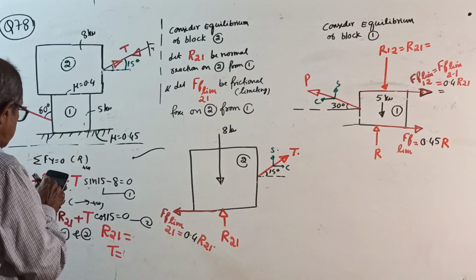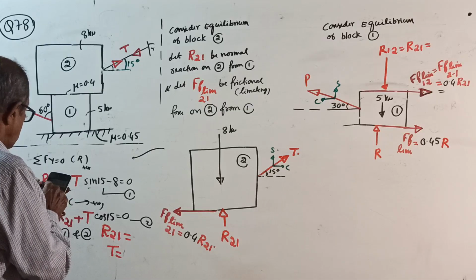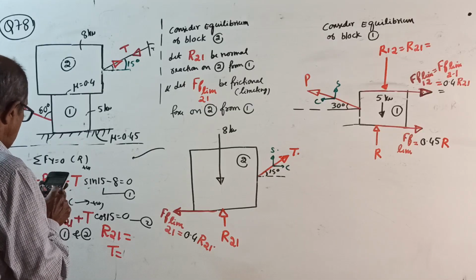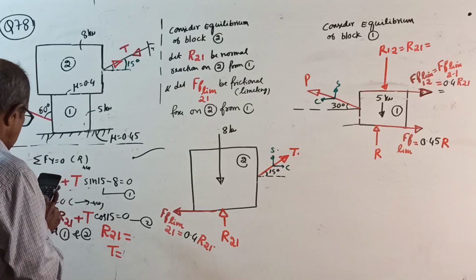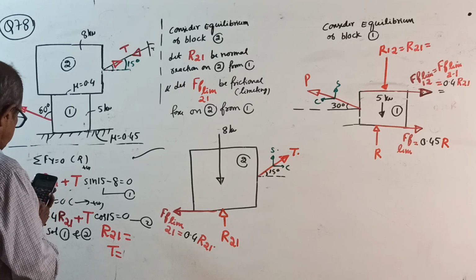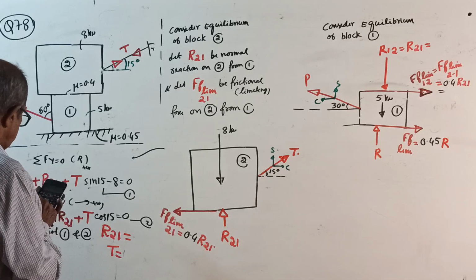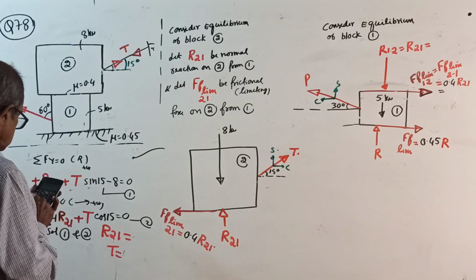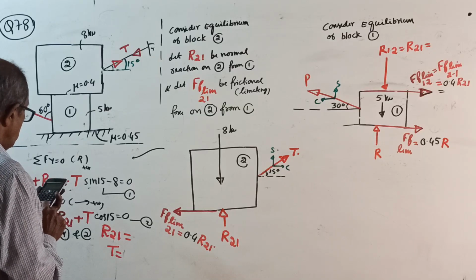Mode shift alpha A. Calculator is not on. Mode shift alpha A. Simultaneous equation, 2 unknowns. Okay, 1 sin 15, 8 minus 0.4 cos 15, 0.